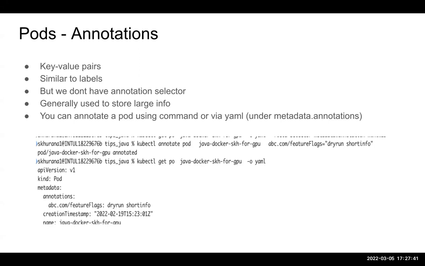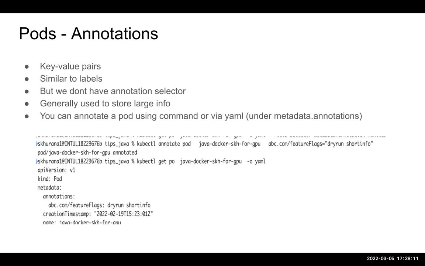Generally, annotations are used to store large information. So you can annotate a pod using this command or via YAML. So this is kubectl annotate pod, give the pod name and give this annotation. Generally, you use annotations when you're testing something, and there's a feature flag, and you want to have some pods which have those feature flags, so that you can identify them.